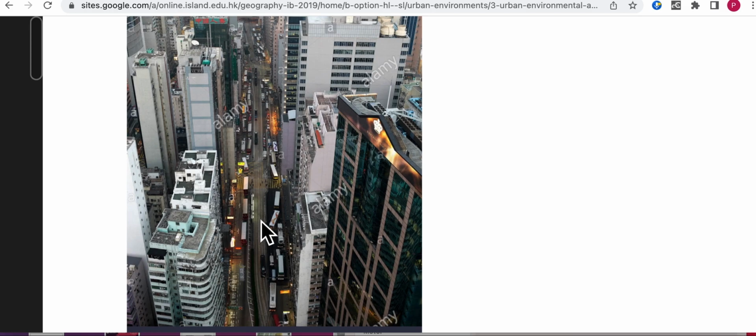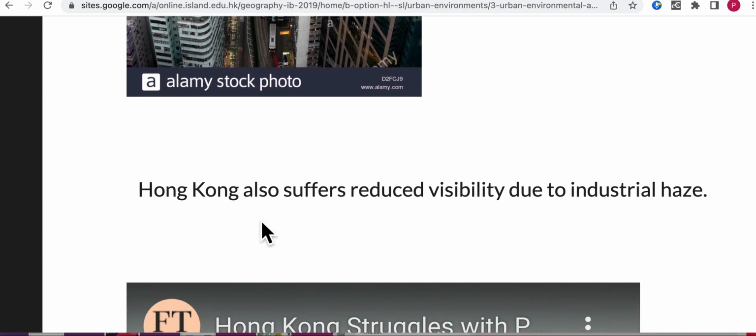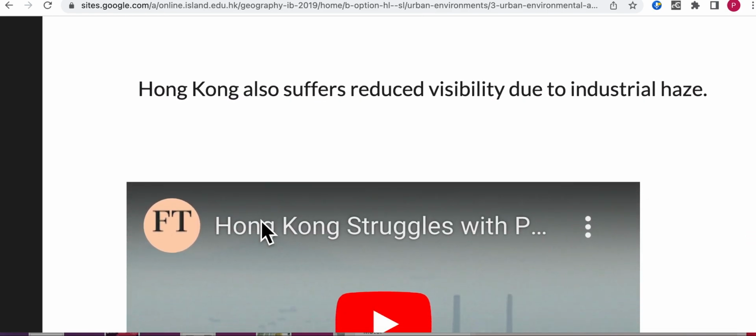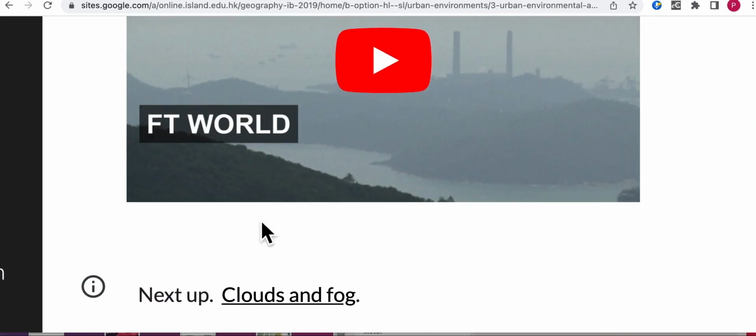We've also started to think about the health implications, both physical and mental, for people that live in urban areas and spend all their time in these urban canyons. And then we went on to think about the effect that pollution can have on temperatures, because of the ability of pollution to absorb solar radiation and stop it getting down to street level. Please watch the video here from the website. That will give you a little bit more detail.